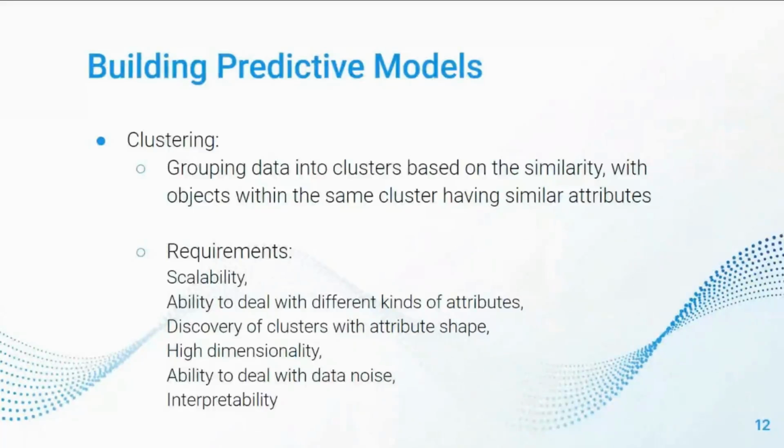So the requirements: scalability is basically making sure that you can apply it to data sets that are a bit different from the one that you have been first applying it to. Ability to deal with different kinds of attributes. Discovery of clusters with arbitrary shape.